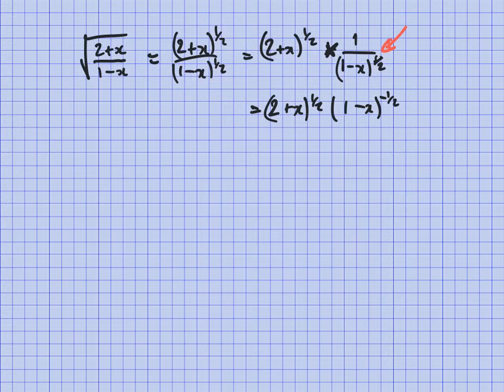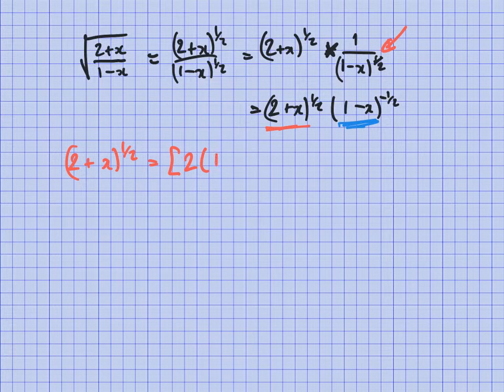Okay, so what we need to do then is obviously create the expansion of the first part and multiply it by the expansion of the second part. So let's do (2 plus x) to the power of a half first. I'll use red. So (2 plus x) to the power of a half is equal to, we need it to say 1 plus something for us to be able to do this question straightforwardly.